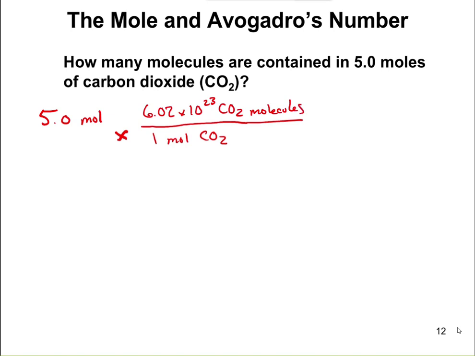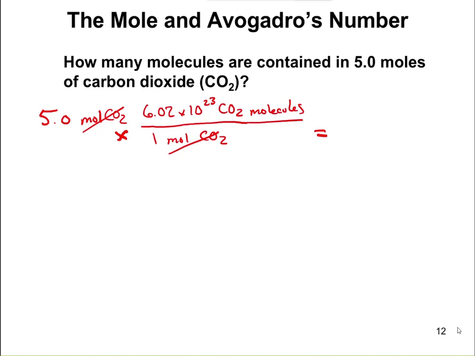And now I'll go ahead and write moles CO2 there. So now we can say we're going to cancel out the moles of CO2. And then this is going to equal, you would type on your calculator, 5 times 6.02. And on most calculators, the button for times 10 to the 23rd is that button that says EE, right?